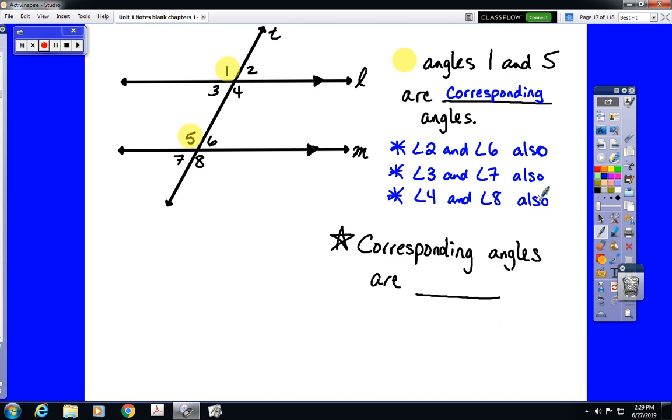Again, each pair is corresponding because they have the same orientation at different points of intersection. 1 and 5 are both on the upper left, 2 and 6 are both on the upper right, 3 and 7 are both on the lower left. Corresponding angles are also congruent, which again means equal measure.